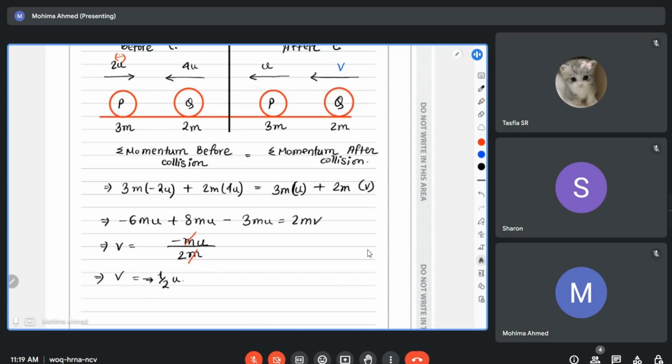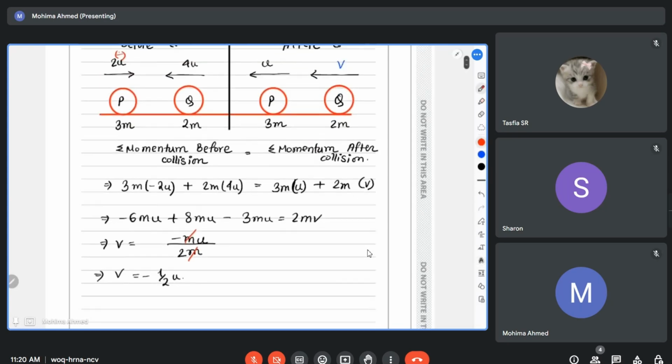Getting this negative indicates that in real life, particle Q never continued to move towards the left hand side. It actually reversed its direction. After the collision, it has also reversed its direction, just like P. How P has reversed its direction after collision, Q would also reverse its direction. So now it will be moving towards right. That's why your value is negative over here, right?